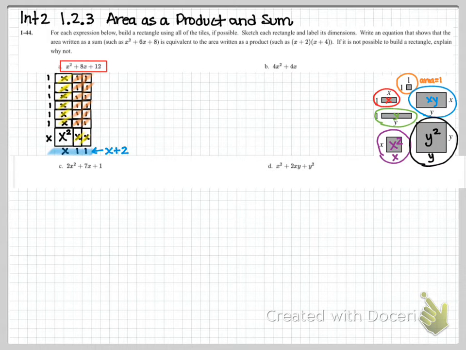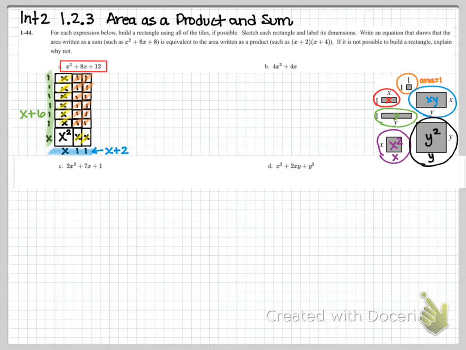Additionally, I can do the stuff down the side. So I want to take those right there. I'm going to do the exact same thing here. So I know that I'm going to have a single x plus, and then add up all of my 1s going down the side, and that's going to give me 6.